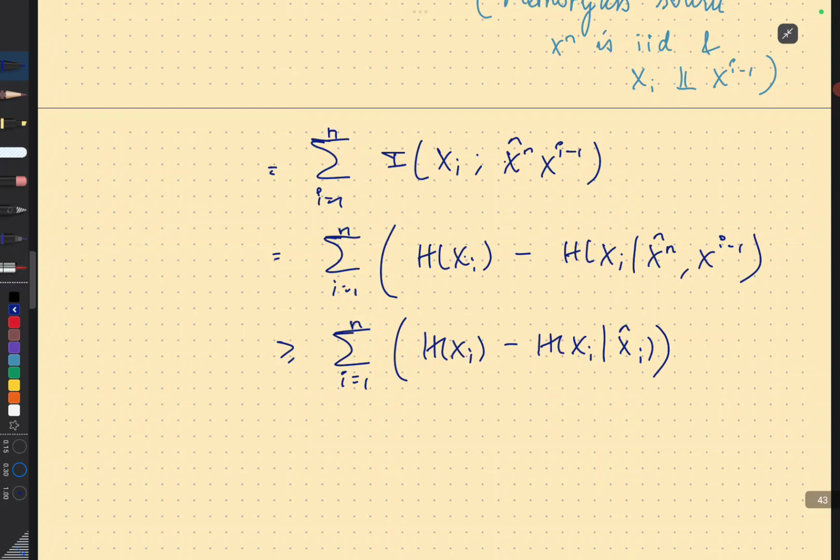Why is this statement true? So basically I'm saying that this quantity is greater than or equal to this particular quantity.